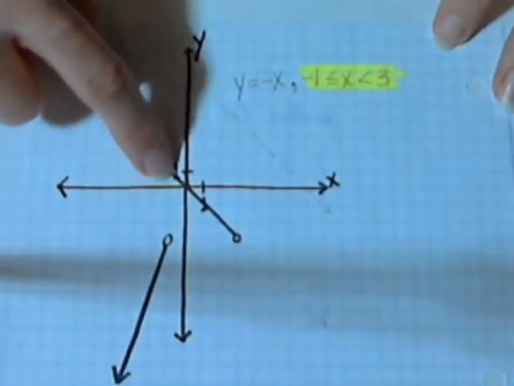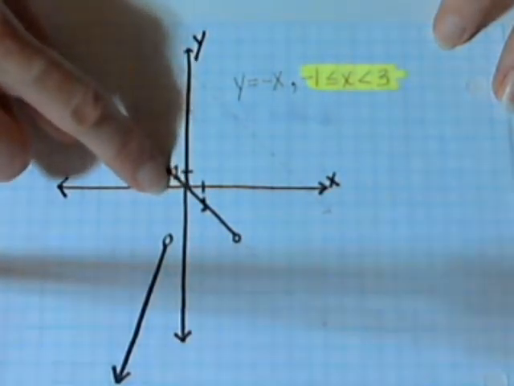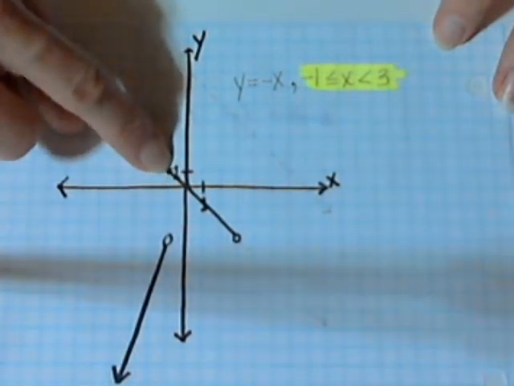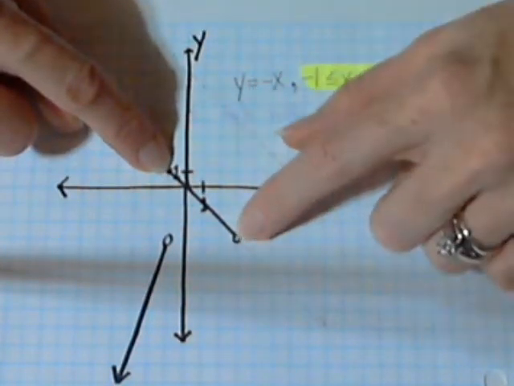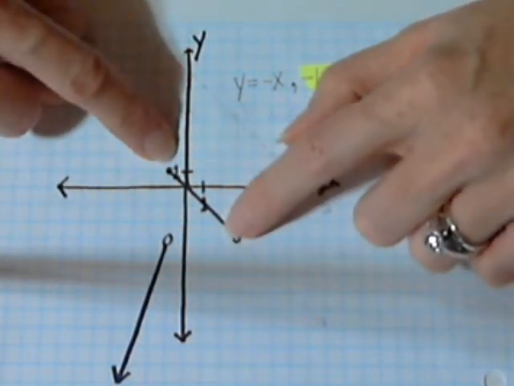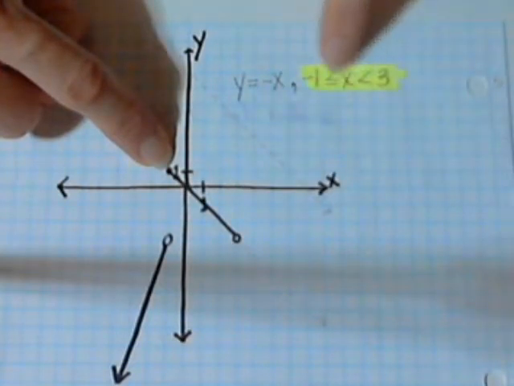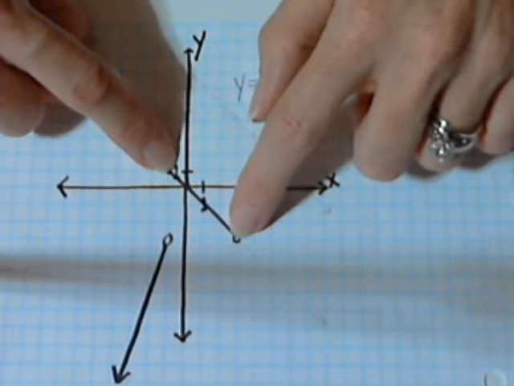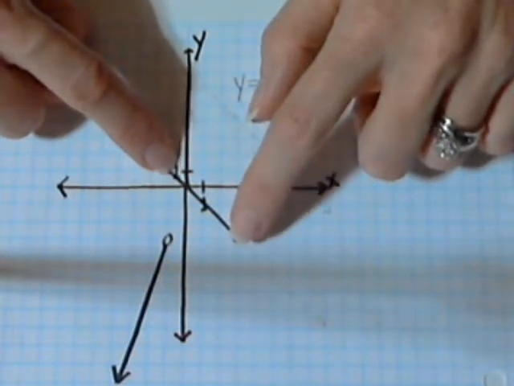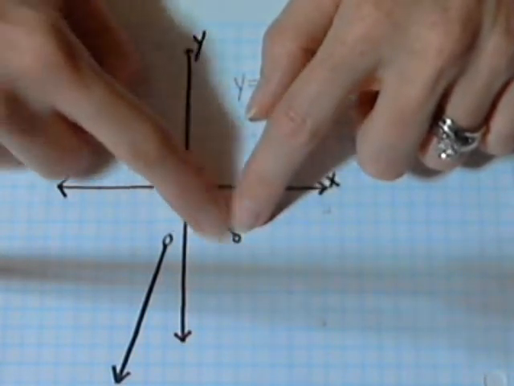We find each on our line, and this is the portion we want to keep. At negative 1, we have a closed circle. At 3, we have an open circle. And this is the portion we keep. We'll make this permanent.